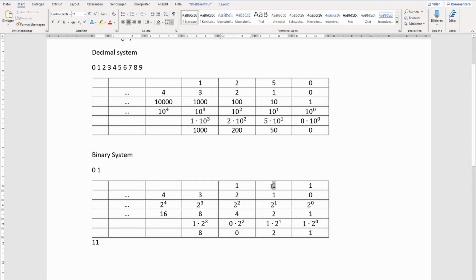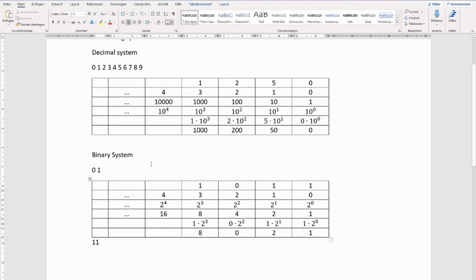I have to go here. Plus 1, plus 1, plus 1. Okay? This works exactly the same.